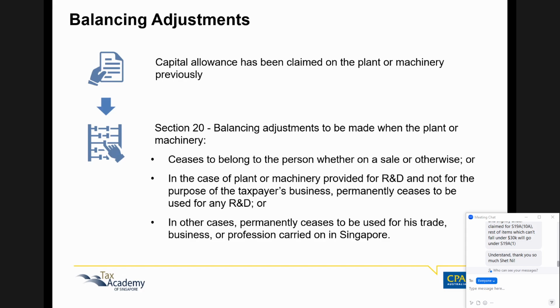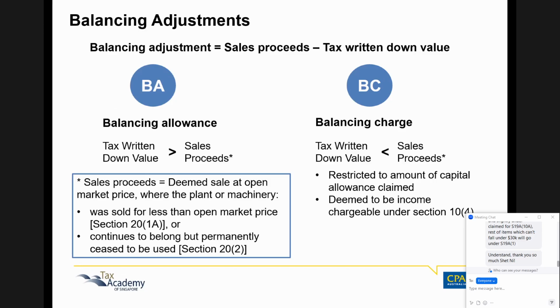If no capital allowance has been claimed, then we don't need to compute balancing adjustments. This balancing adjustment can be in the form of balancing allowance or balancing charge.